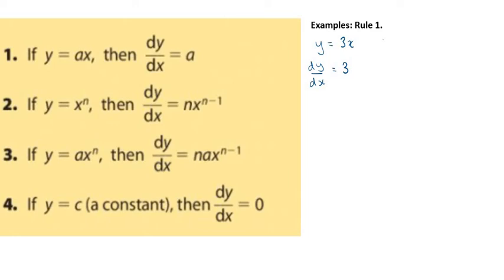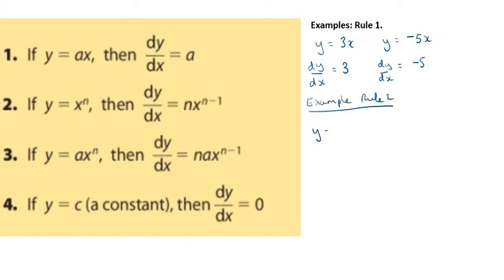A second example would be if y is equal to minus 5x, dy over dx, the derivative of minus 5x is minus 5. The second rule is if y is equal to x to the power of n, where n is a natural number, then dy dx is n times x to the power of n minus 1.